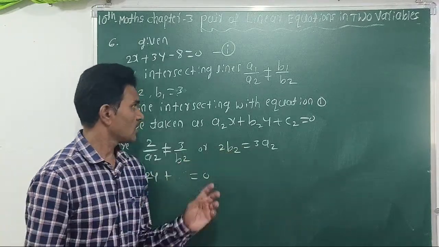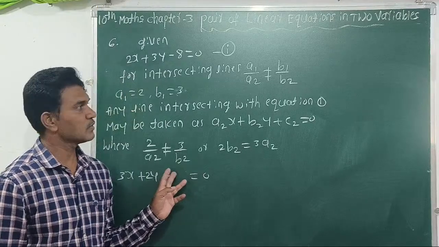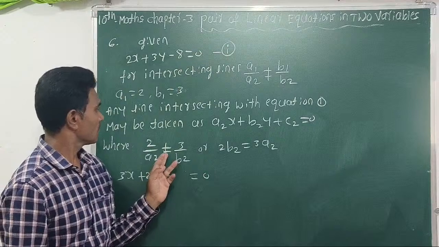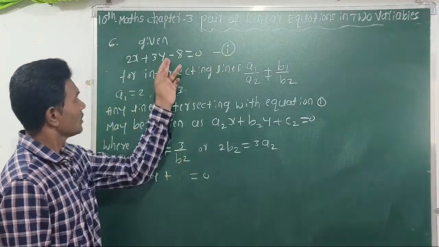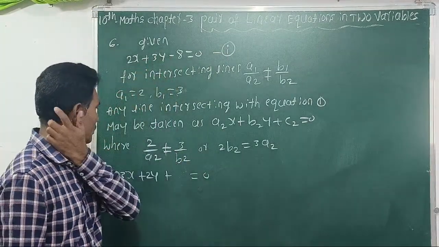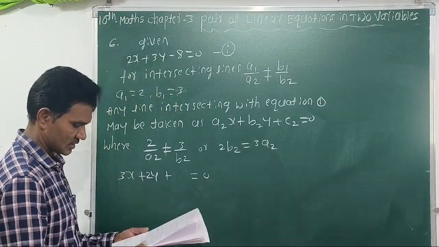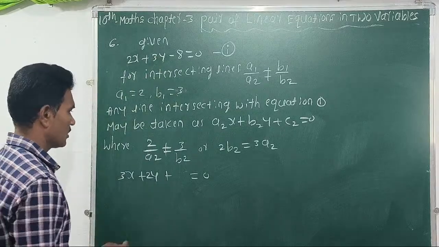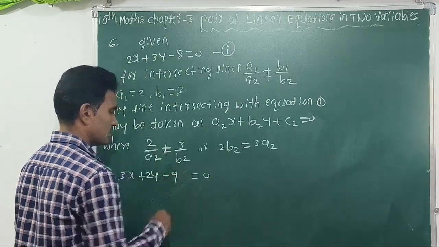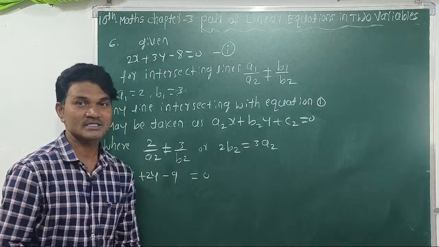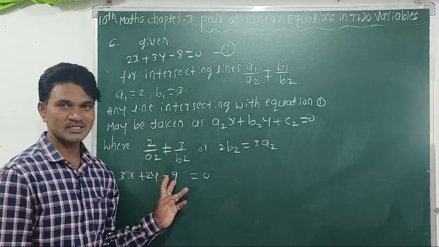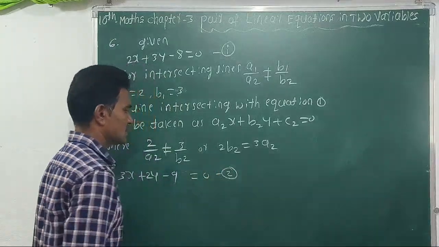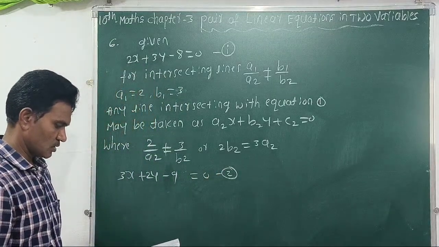Here we can write the c value as, except minus 8, you can write another number, minus 9 or minus 7, whatever it is. Call this equation as 2.